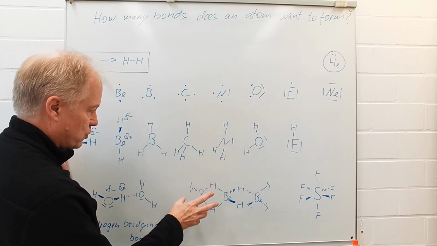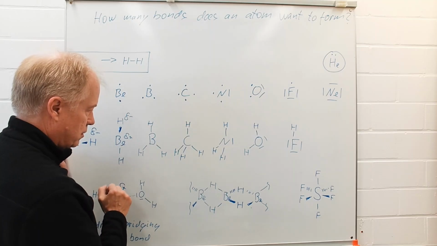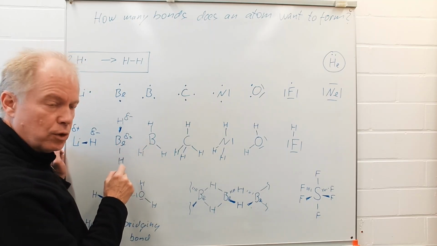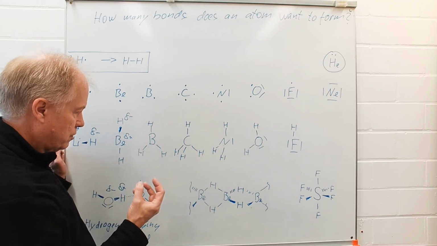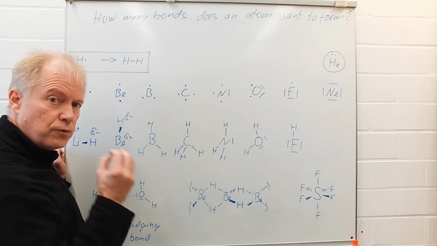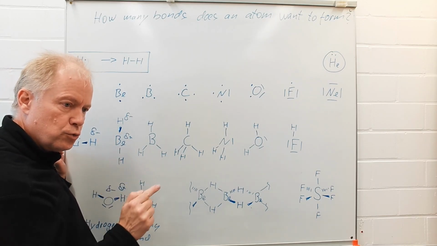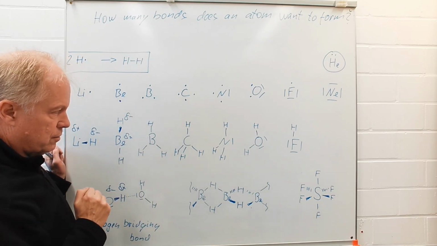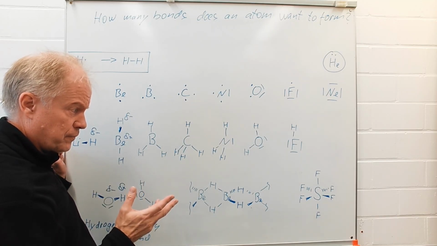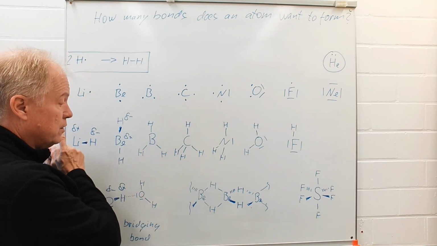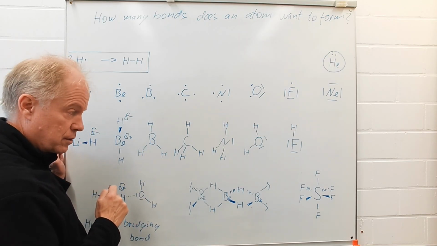The same is observed for this BH3 molecule, but this is then forming dimers with a molecular formula B2H6.